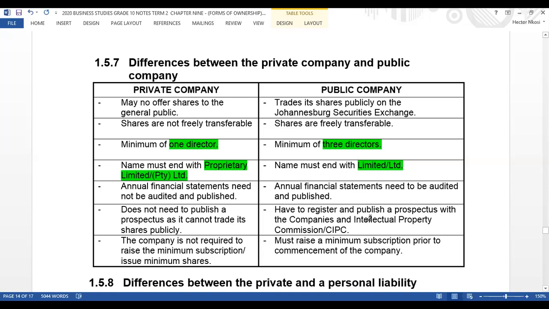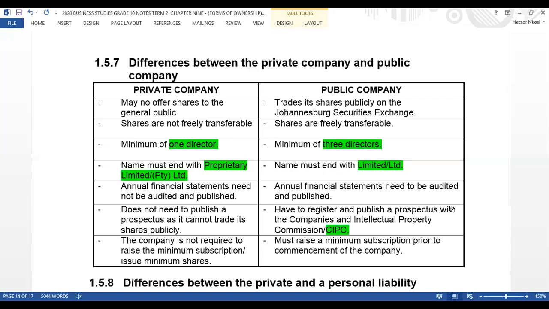Your prospectus must be registered with CIPC, so you can't just do your prospectus on your own. It needs to be registered through CIPC so that they can check whether everything that must be in the prospectus is included, because there are certain things that are a must, and you can't issue a prospectus to sell shares without including those things.